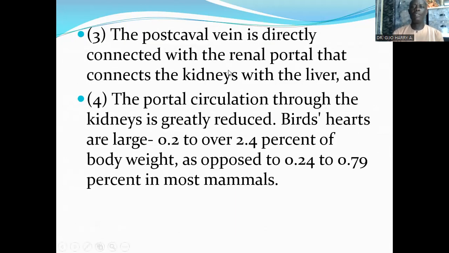Three, the postcaval vein is directly connected with the renal portal that connects the kidneys with the liver. Four, the portal circulation through the kidneys is greatly reduced. Birds' hearts are large, from 0.2 to over 2.4% of body weight, as opposed to 0.24 to 0.79% in most mammals.